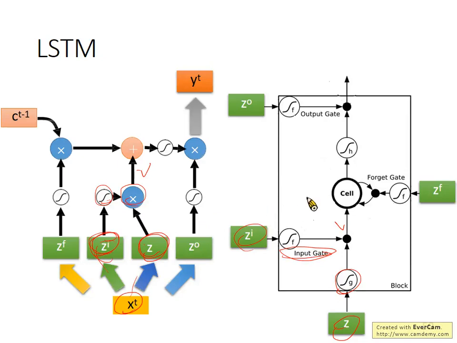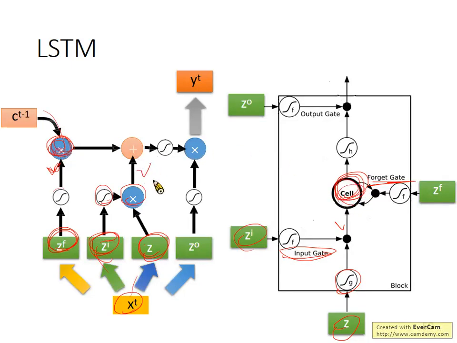And then we consider the cell memory information. We first check whether the forget gate is open or not. Here z_f is the control signal of the forget gate. We multiply the forget gate control signal by the memory information, and then sum it with the input.